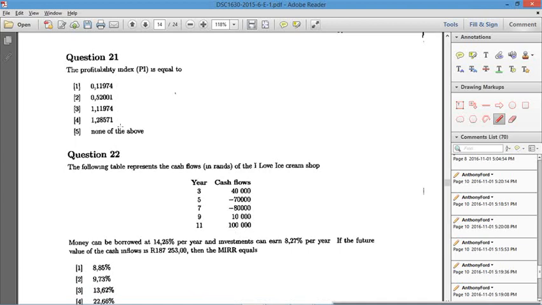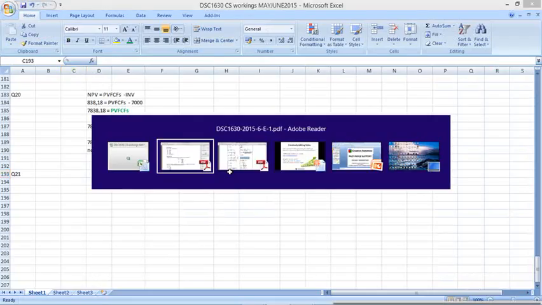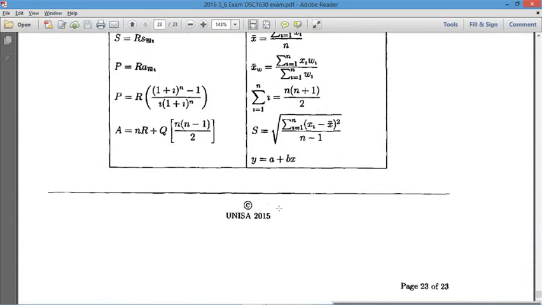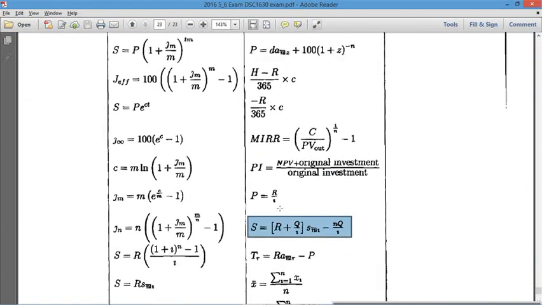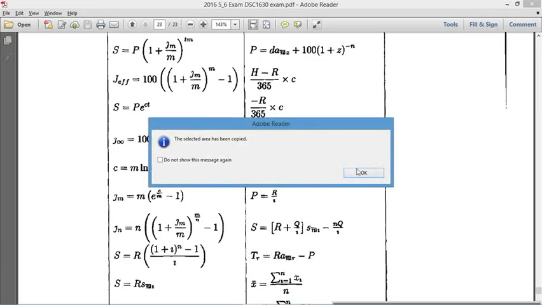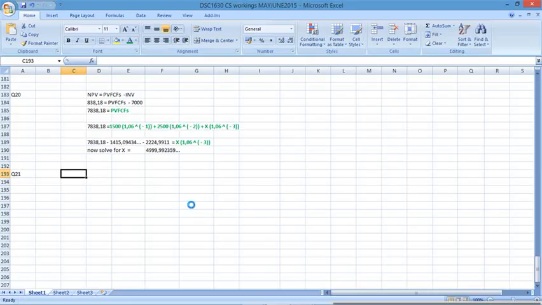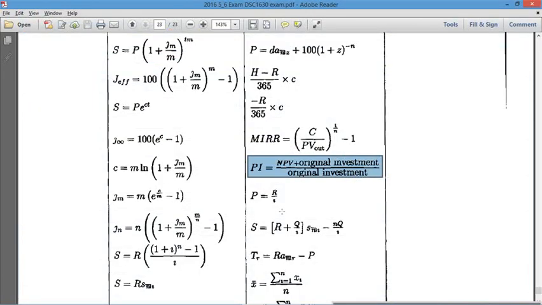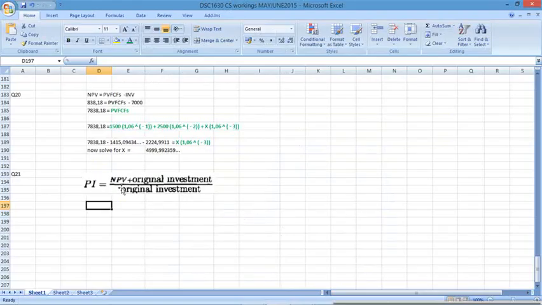Okay, 21 says the profitability index is equal to, okay, so again, go to your formula sheet and take your profitability equation, write it down, then substitute and solve. Right, so they gave you the NPV and they gave you the initial investment.